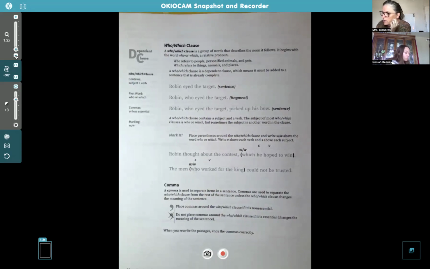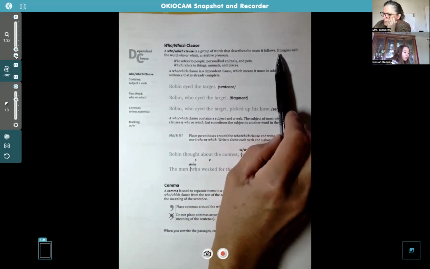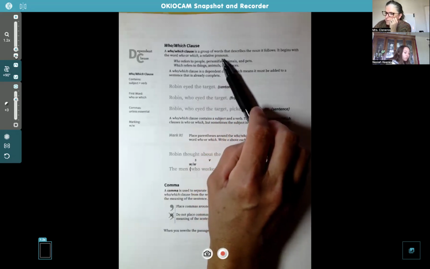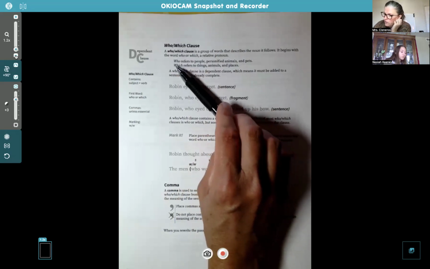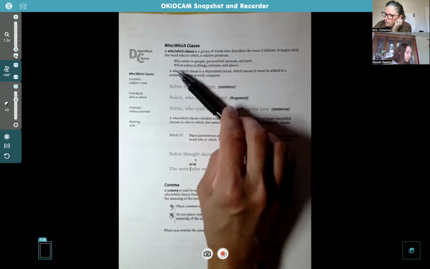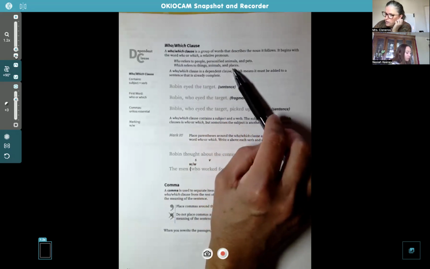But it's a group of words that describe the noun it follows. It begins with the word who or which, a relative pronoun. So you're going to use who when you're talking about a person and which when you're talking about a thing or a place. And that's what that says. People, personified animals, and pets, which refers to things, animals, and places.